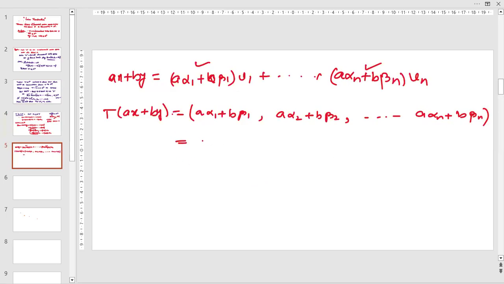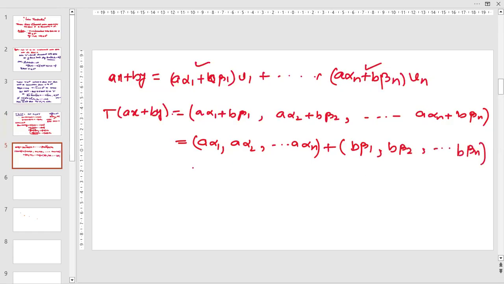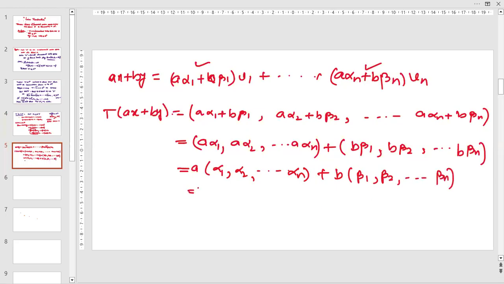Just breaking them up: (a alpha 1, a alpha 2, so on to a alpha n) plus (b beta 1, b beta 2, so on to b beta n), and this is going to come as a times (alpha 1, alpha 2, so on to alpha n) plus b times (beta 1, beta 2, so on to beta n), and using the definition of T, what is this?